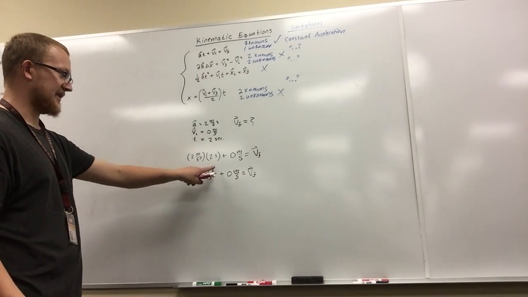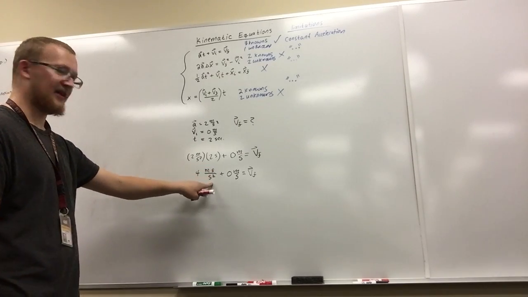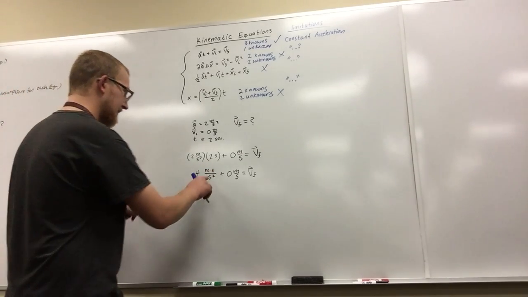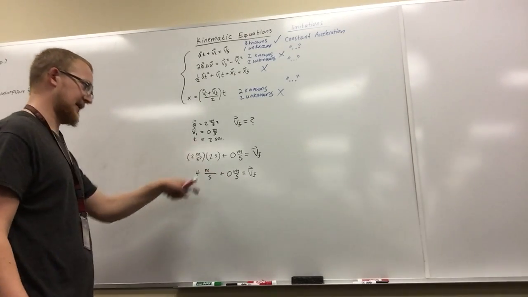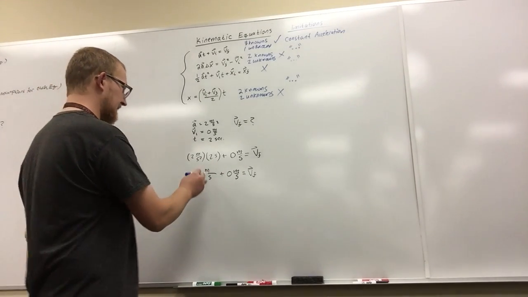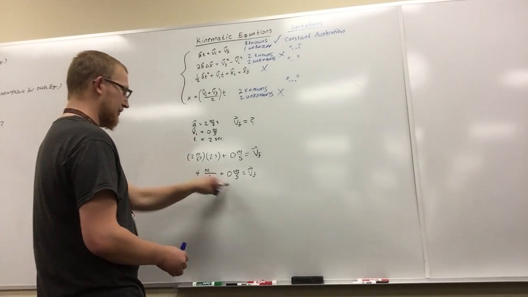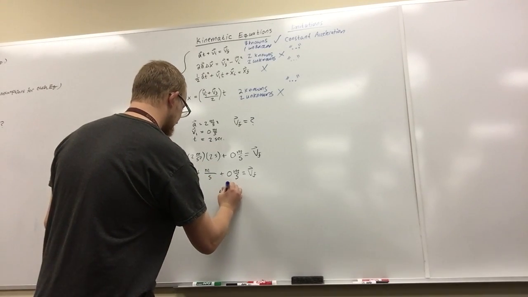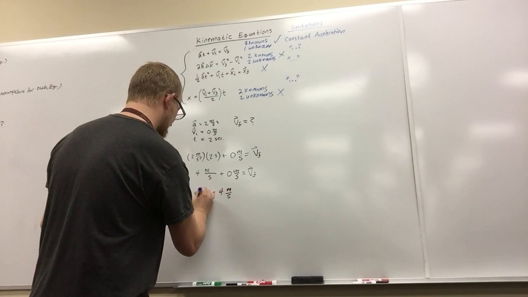So you'll notice that the seconds can cancel with the seconds. Seconds divided by seconds squared is going to give us meters per second. We're canceling out the seconds. And what we end up with is, look, meters per second plus meters per second. 4 plus 0 is 4 meters per second, and that's V final.